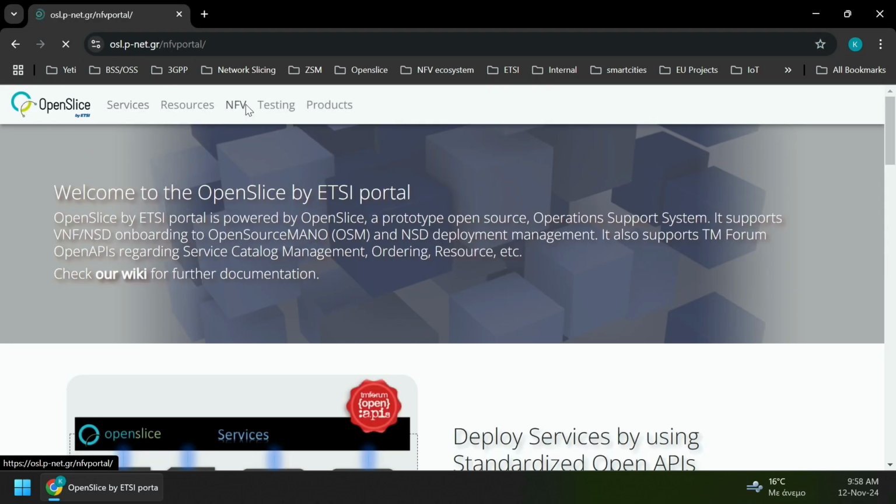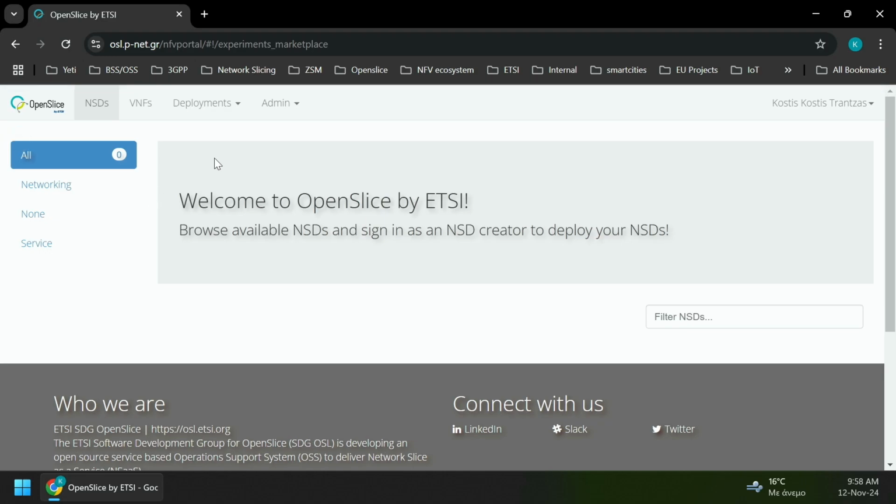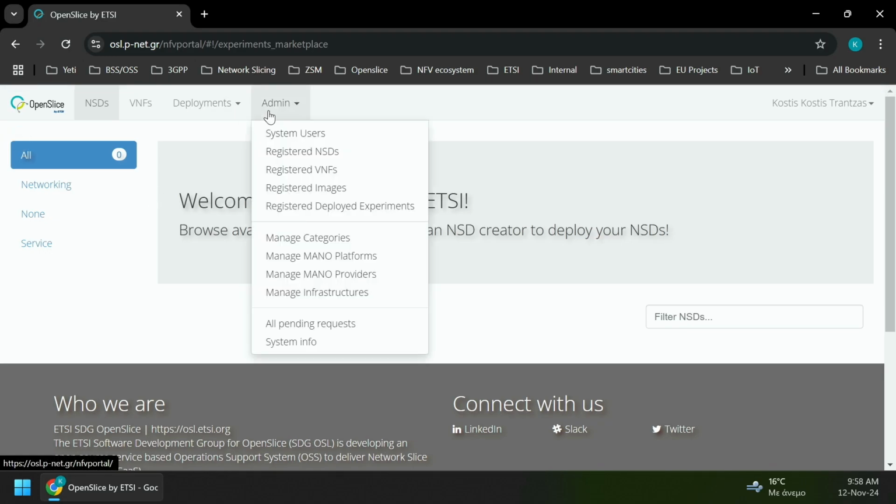And last but not least, this is the NFV portal, which has a different look and feel, because this portal was the one that originally came with OpenSlice, and it comprises connection with underlying MANO providers with specific versions.